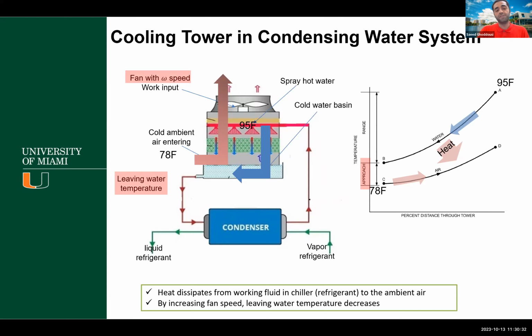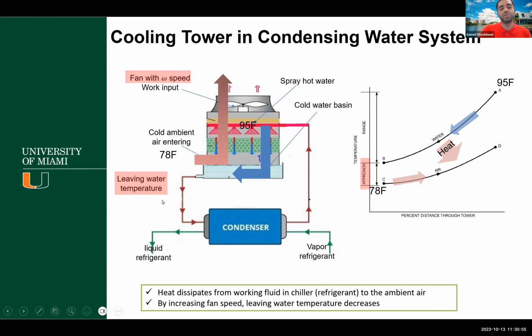The critical definitions that we need to emphasize here are 3 parameters. One is the fan speed. First, we are dissipating heat from the working fluid to the ambient air by using the fan speed, because by increasing the fan speed, we will change the leaving water temperature from the cooling tower that you can see.